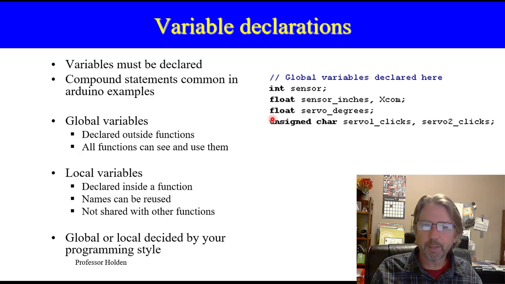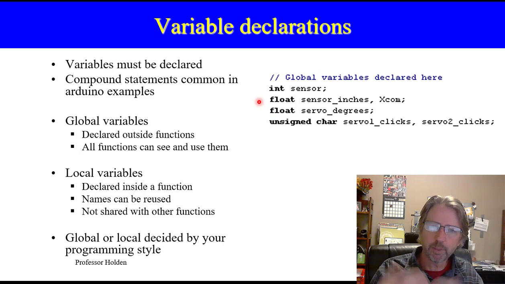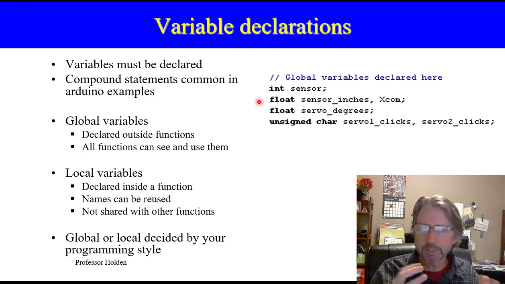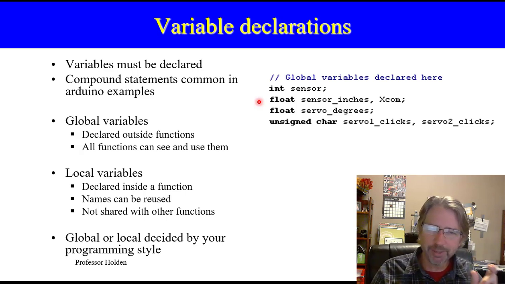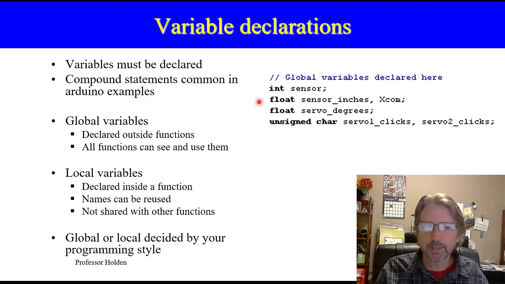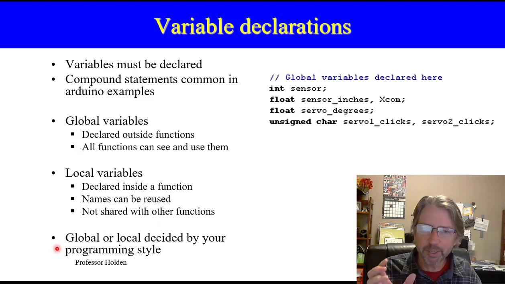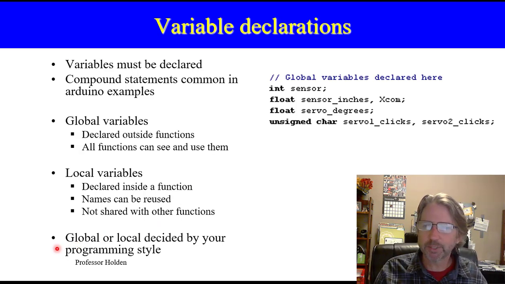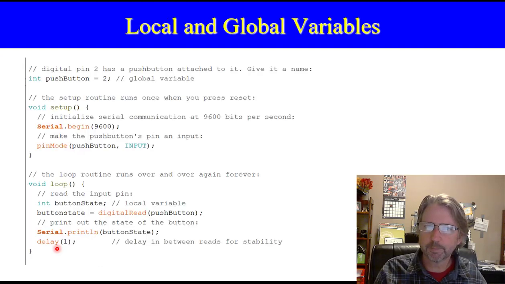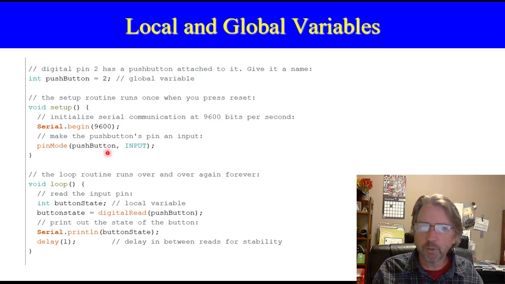But for things like microcontrollers that don't have very much memory, global is sometimes a nice way to go, because if you have local variables, you have to have different copies and things get passed around, and it can use a little bit more memory. So our Arduinos have very little memory, so it's actually okay programming style to use global variables on memory constrained processors like Arduinos.